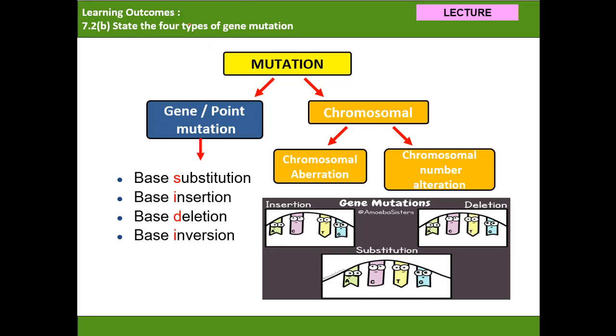Four types of gene mutation. So under gene mutation, there are four types of mutation, which are base substitution, base insertion, base deletion, and also base inversion. So this is the animation for gene mutation. Over here we have base insertion, so we insert a base.